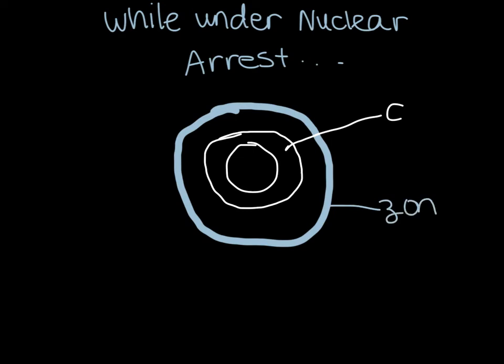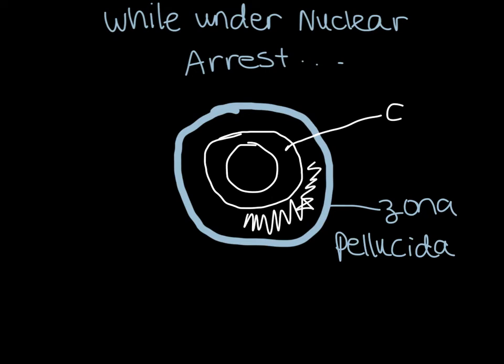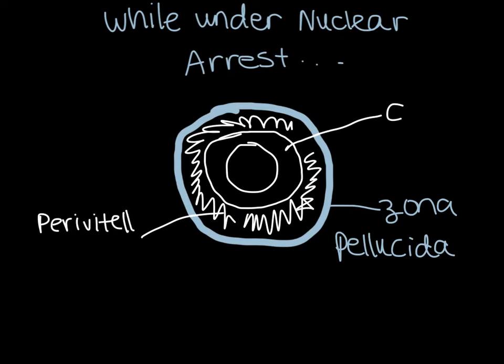There's our Zona pellucida. This space here is called the perivitelline space. This is the space into which polar bodies will be extruded in subsequent steps.